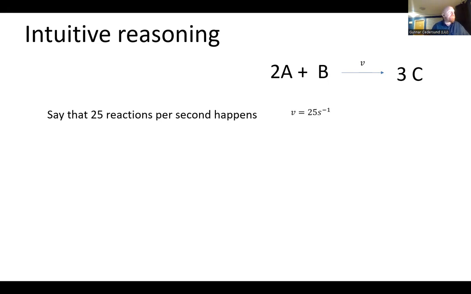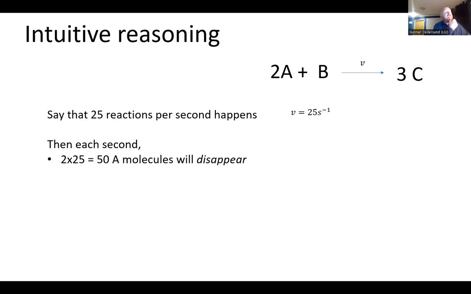So V is simply given by 25, and the unit is reactions, which is unitless, so it's just reactions per second, so second to the power of -1.